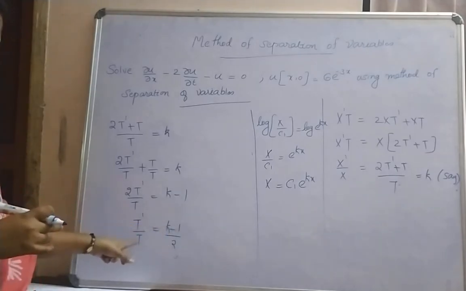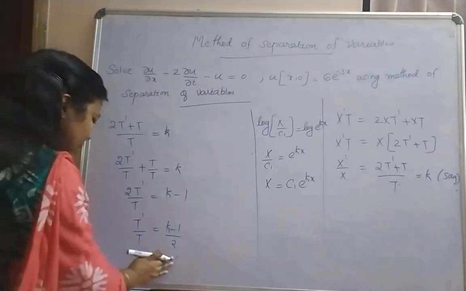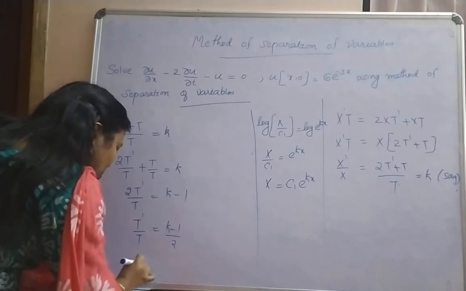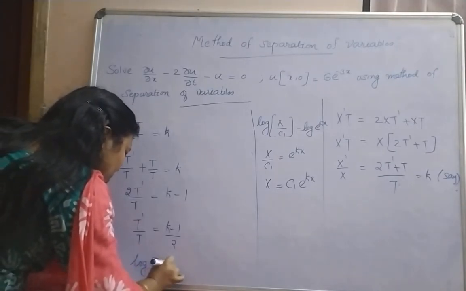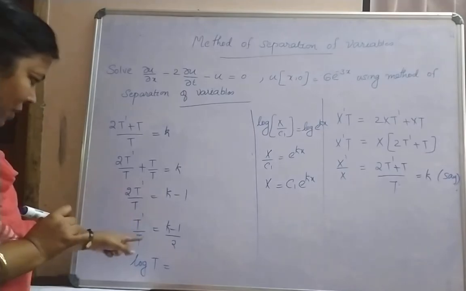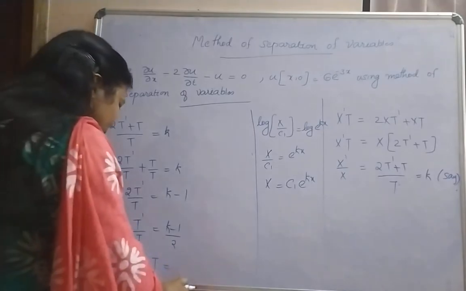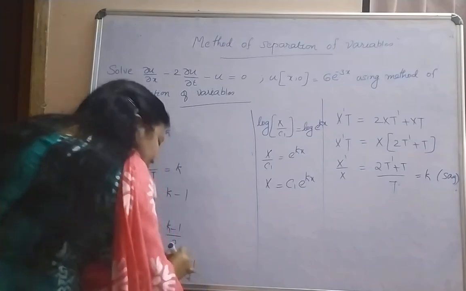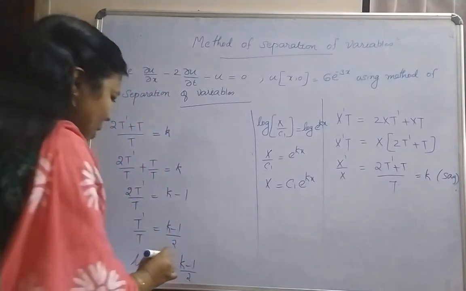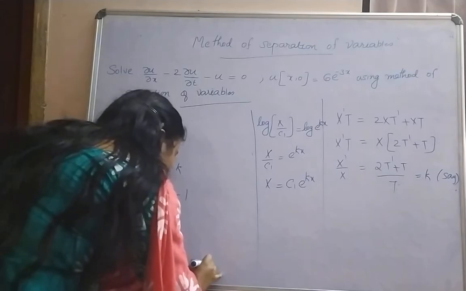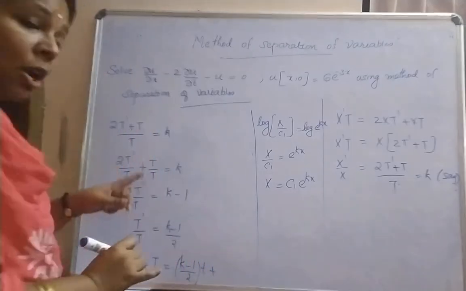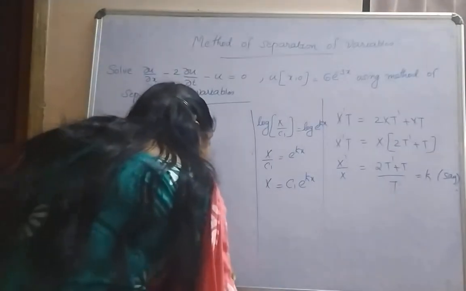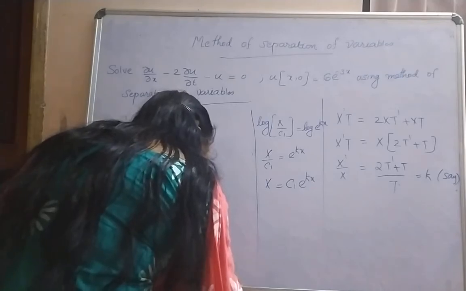By integrating both sides, we get log T equal to, here, the integral of (k minus 1)/2 with respect to t is (k minus 1)/2 into t plus a constant must be there. We take that constant as log C2.